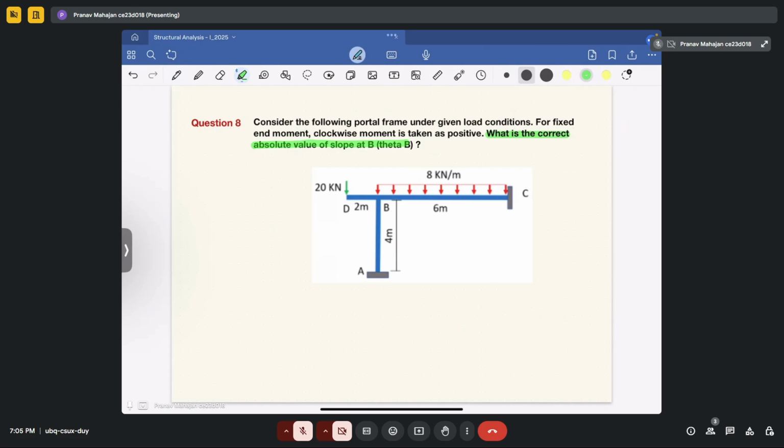So he is directly asking you what will be the correct absolute value of slope at theta B. That means how we will calculate the slope? First, we have to define one compatibility equation. If we solve that compatibility equation, then only we can define the value of slope.